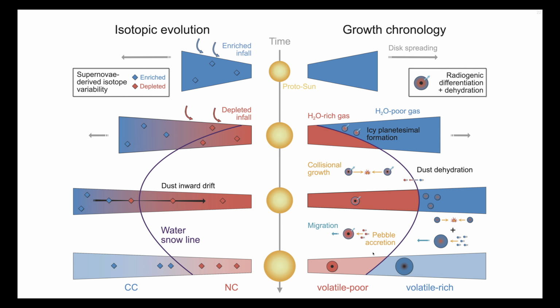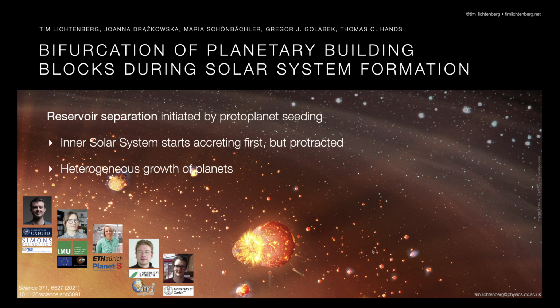To summarize, the inner solar system starts accreting first, but experiences protracted growth with a heterogeneous growth mode, which goes from collision-dominated at first to pebble-dominated and then pebble-starved during the final disk phases.